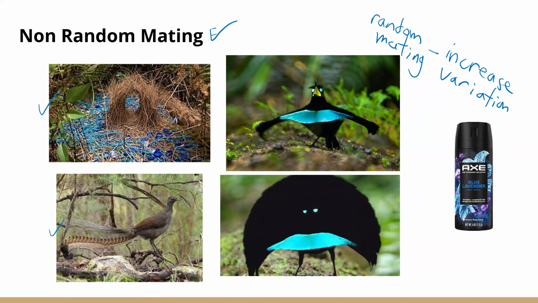And so in reality, a very, very small portion of the male population passes on their genetic traits, which is actually less variation. So random mating, while it's actually better, doesn't always happen. And we had the Axe body spray because in humans, right, the guy with the most Axe gets the girl. Maybe not.